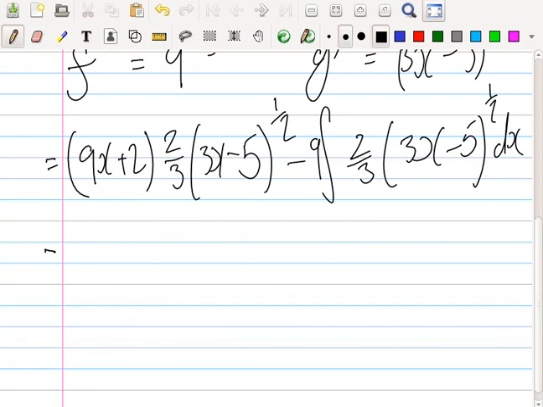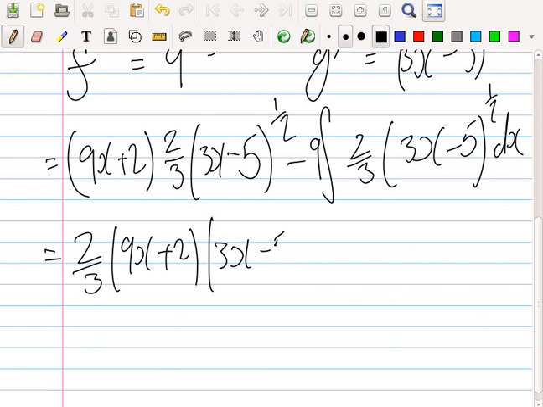Okay, so we can see here, what do we get? 2/3 times (9x plus 2), and this is actually a square root. 3 into that 3 times, so it's actually minus 6.